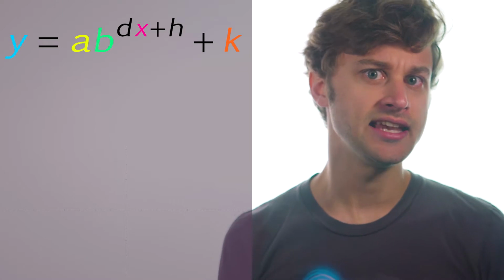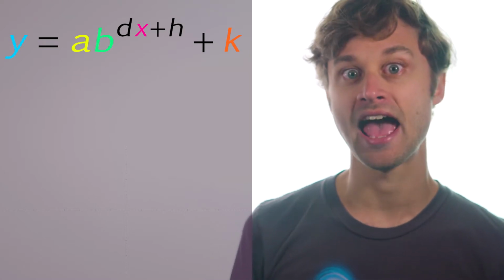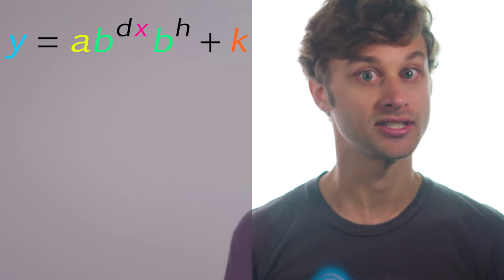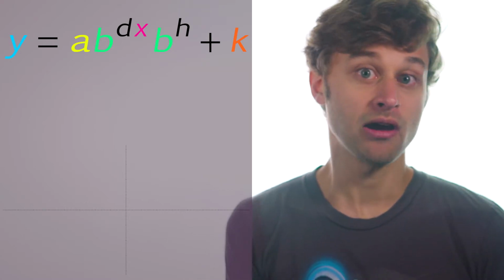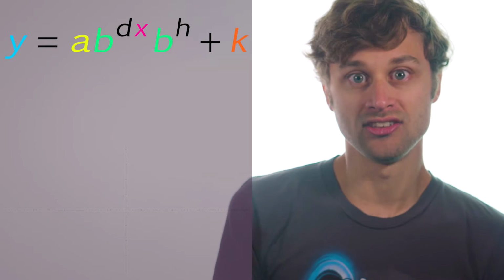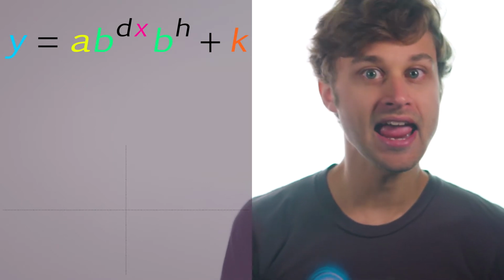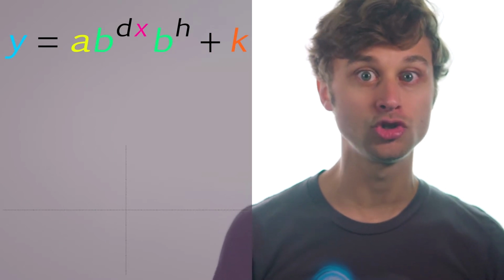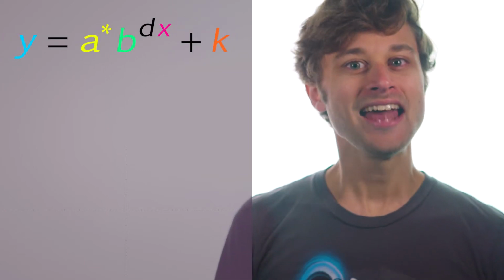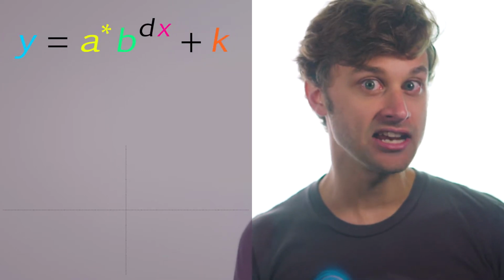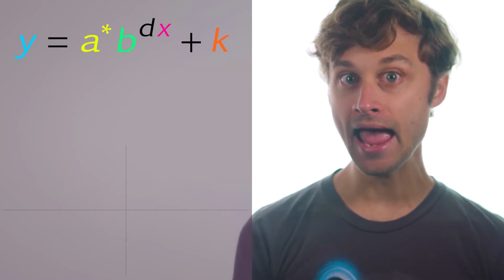Because b to the dx plus h power can be rewritten as b to the dx power times b to the h power, I can say that b to the h power, that's just a number, and a is just a number, so I can combine a times b to the h power into a single coefficient, which I'll call a. So adding a term in the exponent h is the same thing as manipulating a.